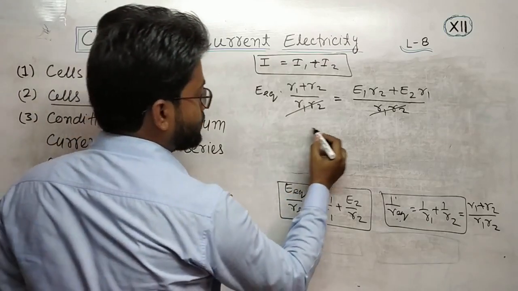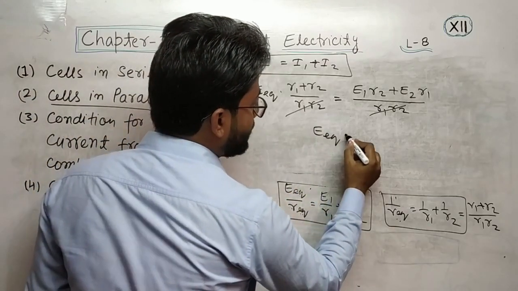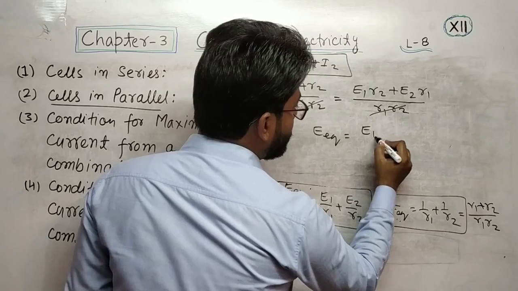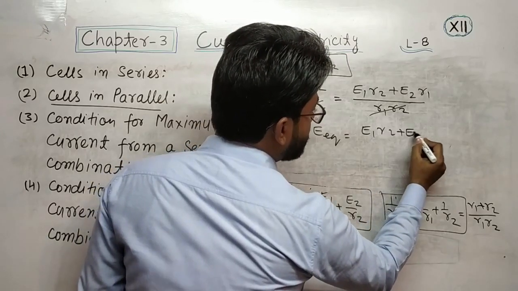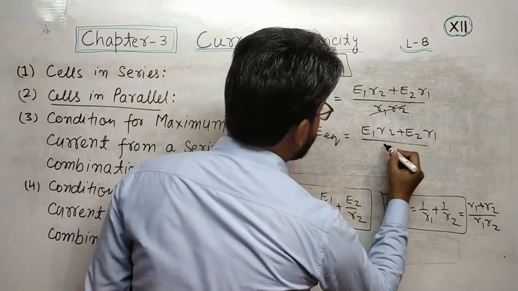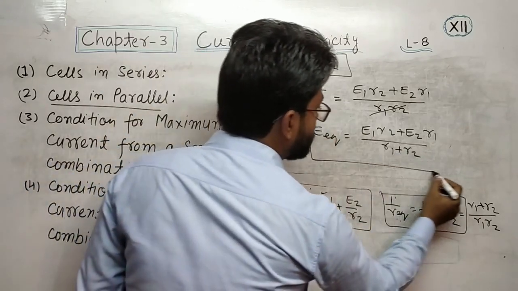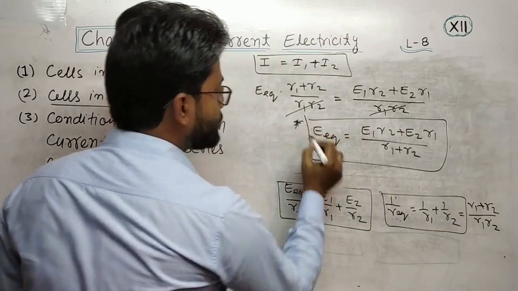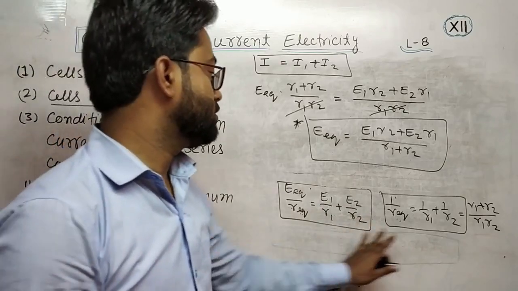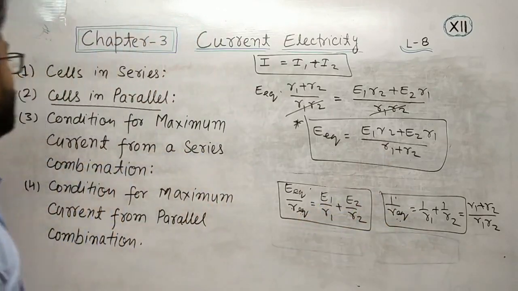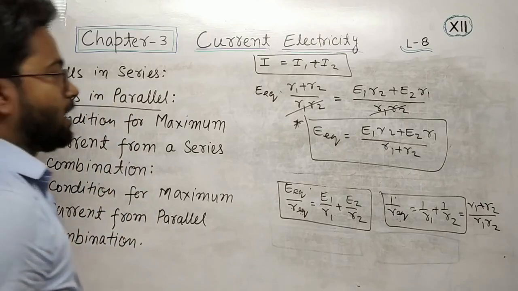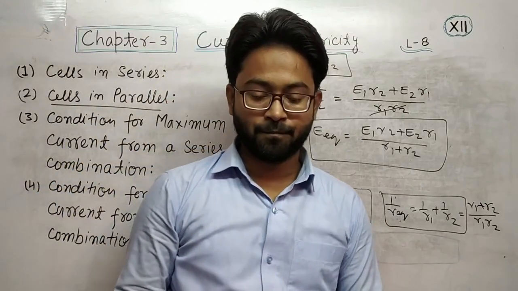E equivalent will be equal to E1 R2 plus E2 R1 upon R1 plus R2. This is also an equation. These 1, 2, 3, these are the results when the cells are in parallel.